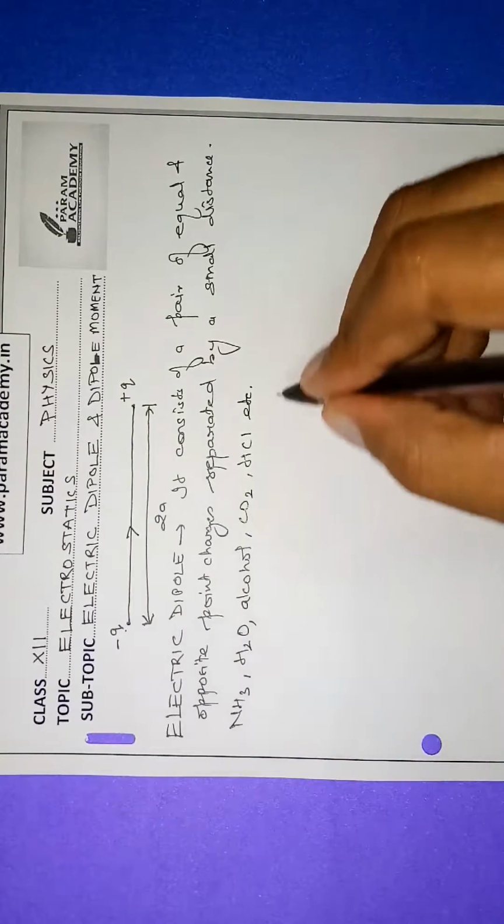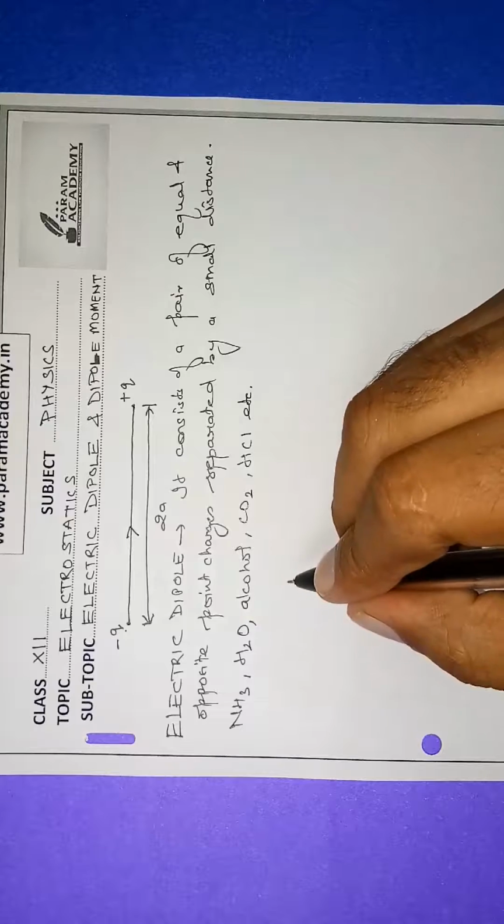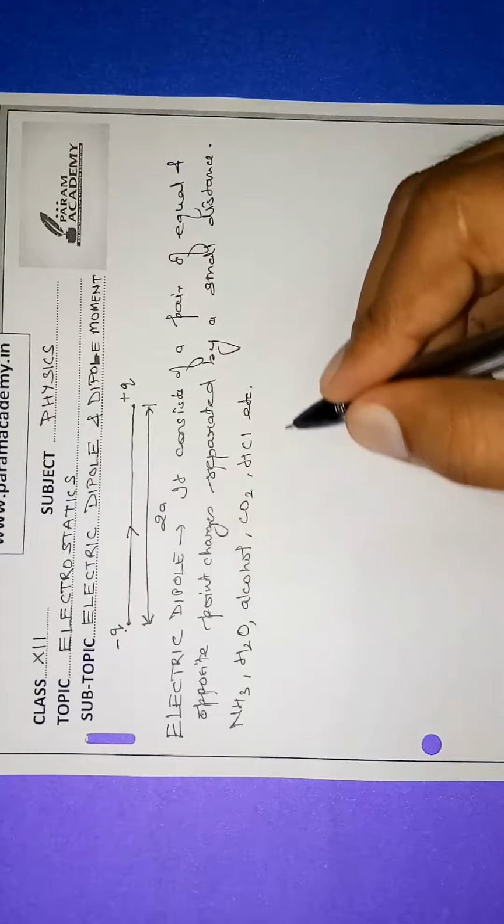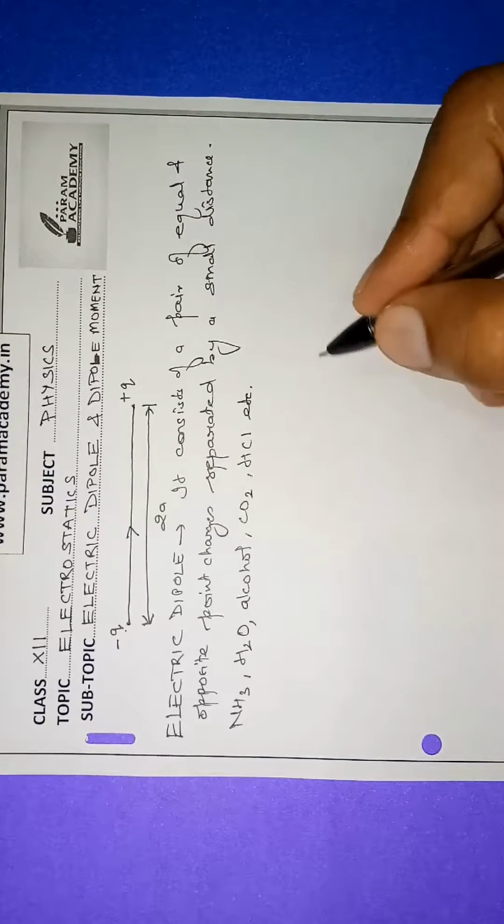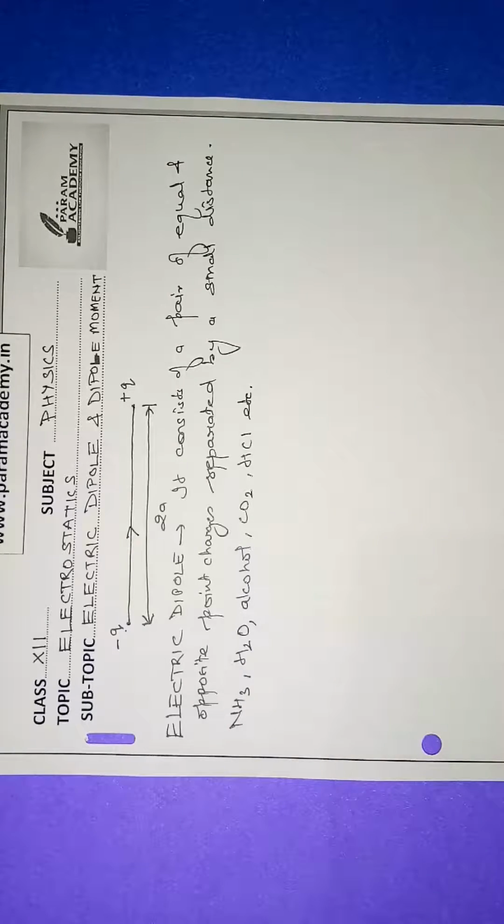They have positive and negative charge distributions separated by some small distance, and they are called polar molecules.